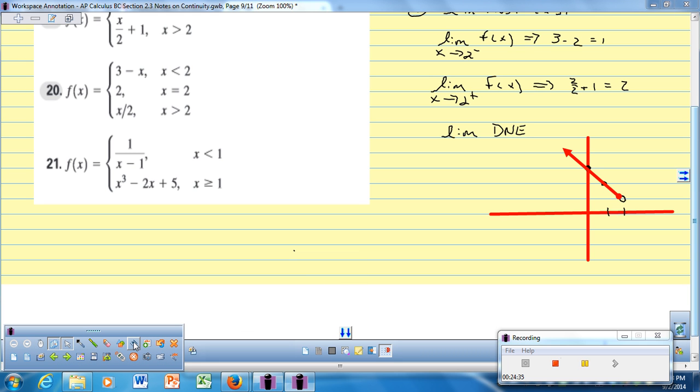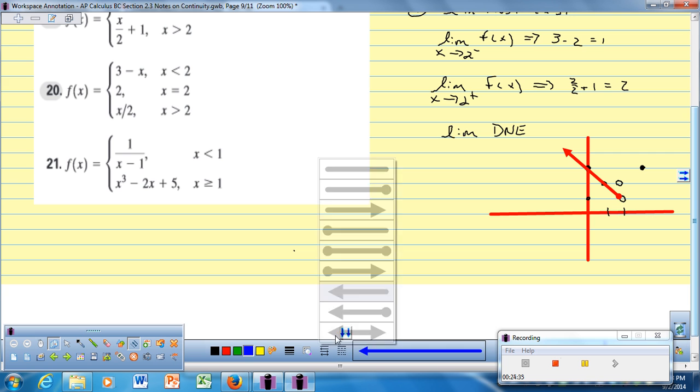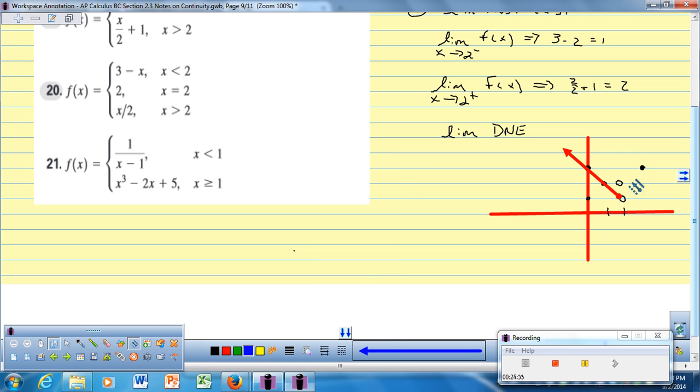So let's get that one in. So plus 1 would be the y-intercept, up 1 over 2, and up 1 over 2 again. It looks something like this. Turn that the other way.